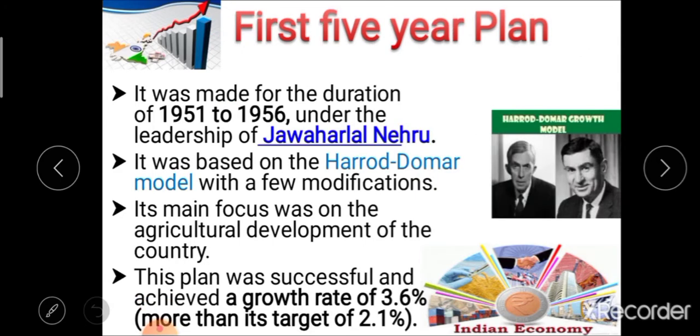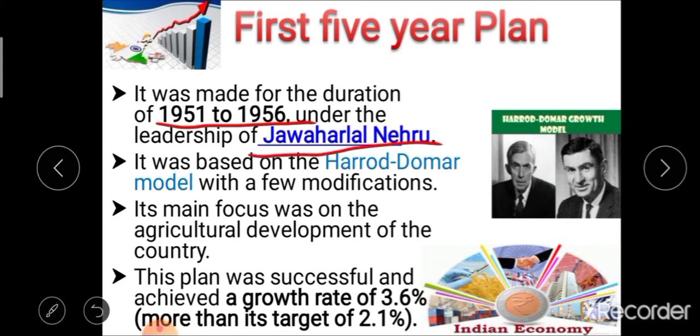After the objectives of planning, we go through the different plans. First, the first 5-year plan was made during 1951 to 1956 under the leadership of Jawaharlal Nehru.